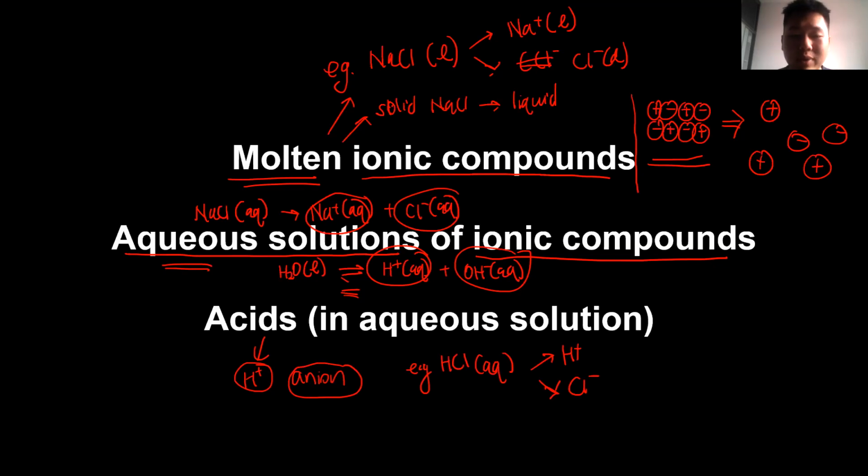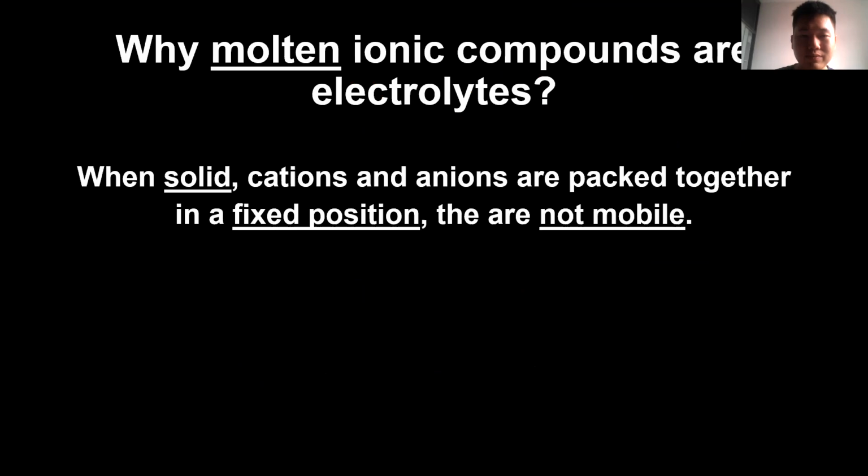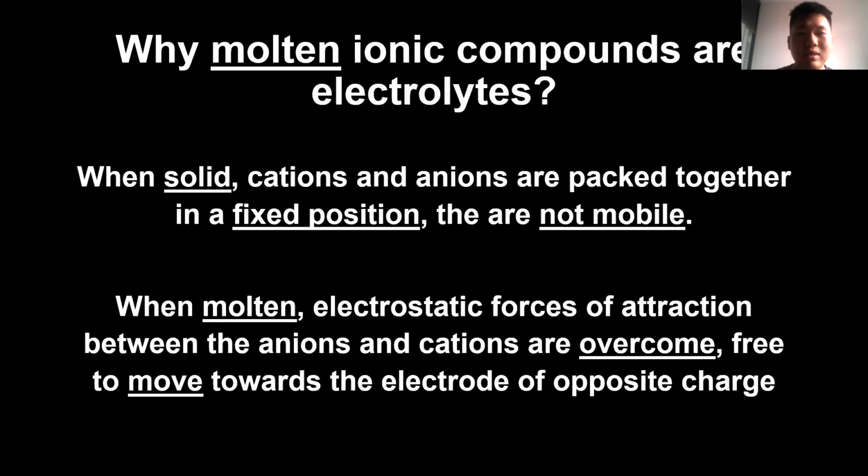From these three compounds or solutions, we know that the main criterion that we need is having mobile ions, because they are the ones that conduct electricity in the electrolyte. As explained previously, ionic compounds are electrolytes because when they are molten, the electrostatic forces of attraction between the anions and cations are overcome.